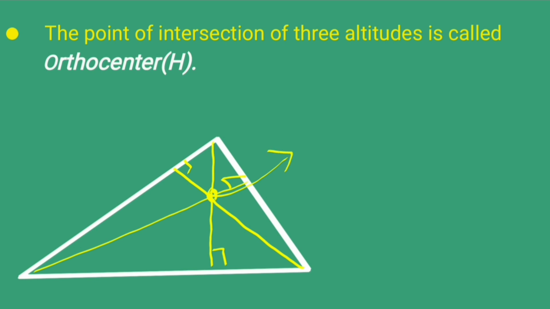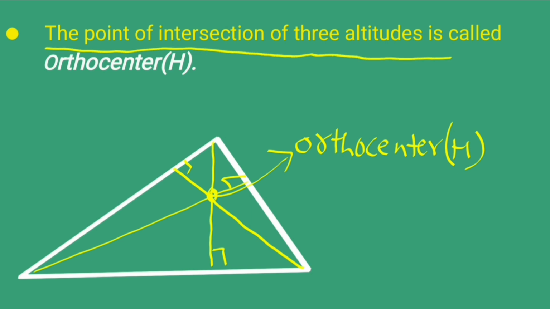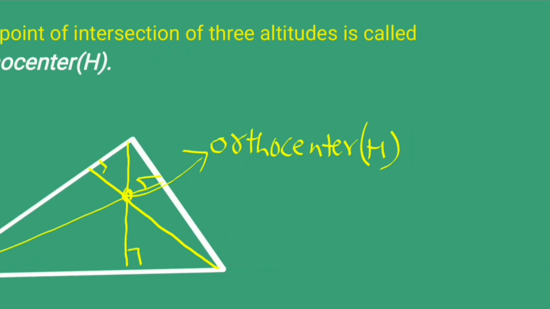Now this point is called the orthocenter, and it is represented with capital H. That is written here. The point of intersection of 3 altitudes is called the orthocenter. Okay. Next.